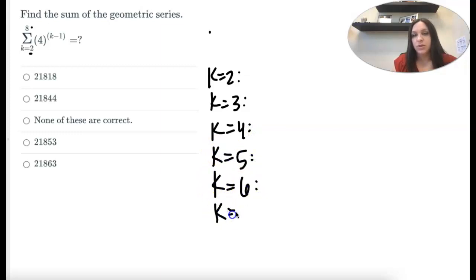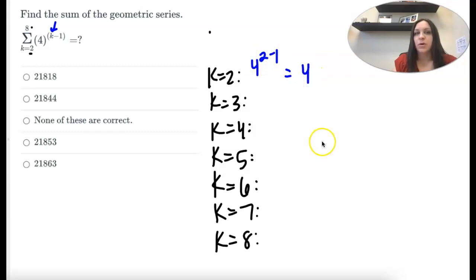But we'll see what's happening because we know how geometric sequences work. Okay, so if I want the second term, I would take 4 to the power, and I'm replacing k with 2 minus 1. So 2 minus 1 is 1, or just 4. And then for the third term it'd be 3 minus 1, or 2. 4 squared is 16.